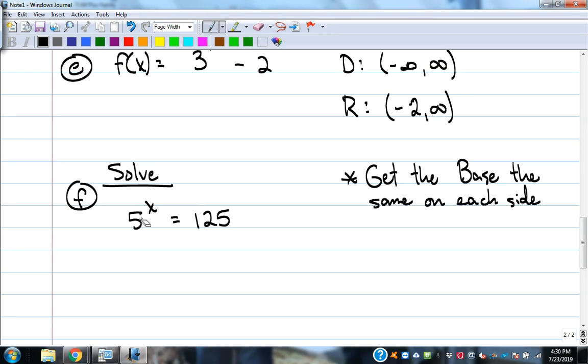It's 5 times 1. It doesn't break down in any way. So I know that if I'm going to get the bases the same, that this 125 must be something with 5 as the base. So what I want to do, and I like to go back to what we've done before, that factor tree idea. Remember doing those things?